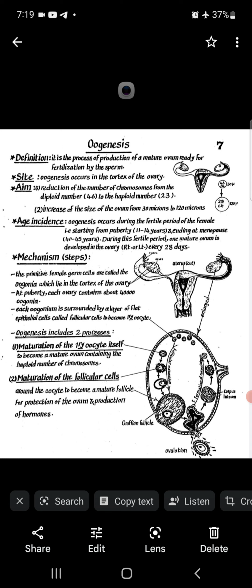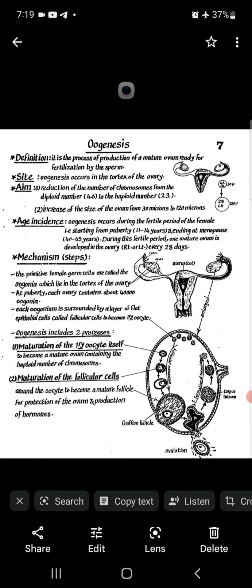Now come to the mechanism, meaning steps, of oogenesis. The primitive female germ cells are called the oogonia, which lie in the cortex of the ovary. At puberty, each ovary contains about 40,000 oogonia.